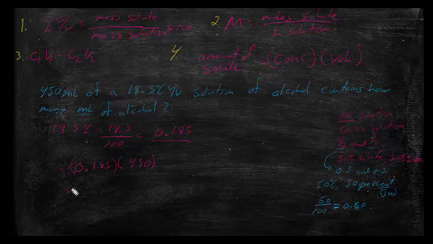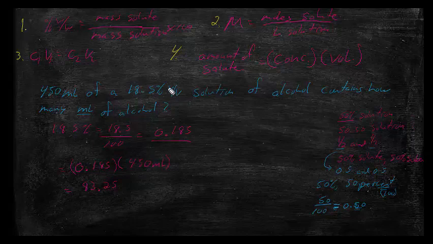Let me get my calculator out real quick. 0.185 times 450. I get 83.25. And notice this is 450 milliliters. Oh, darn it. 450 milliliters, right? The only units we have here are milliliters.